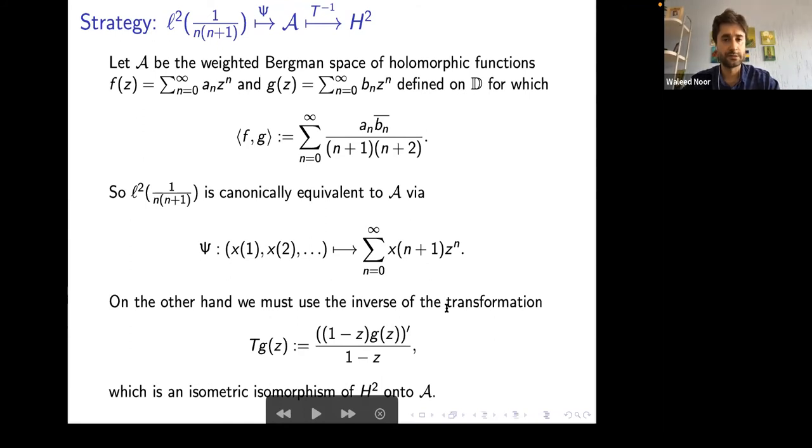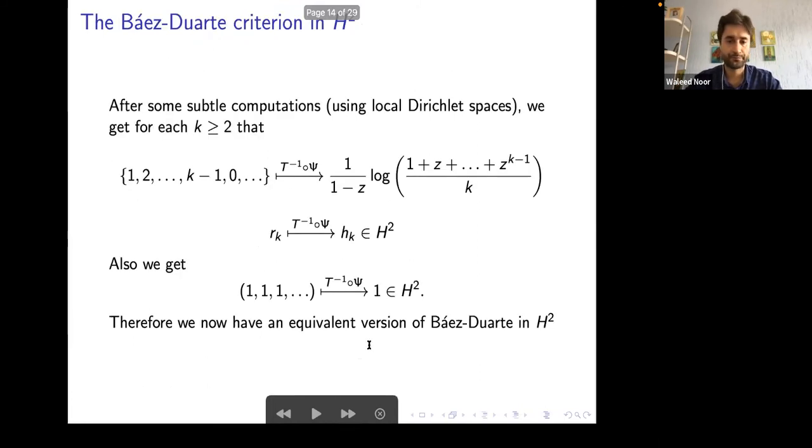So in other words, to get our characterization in the Hardy space, we need to move from the sequence space to the weighted Bergman space and then take the inverse of T to go from A to H2. So when we do all of this, what do we get in the end? It turns out, of course, there's a lot of subtle computations involved using some more involved Hardy space theory using local Dirichlet spaces.